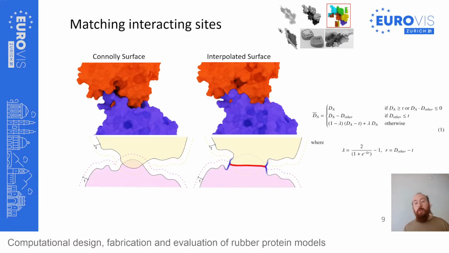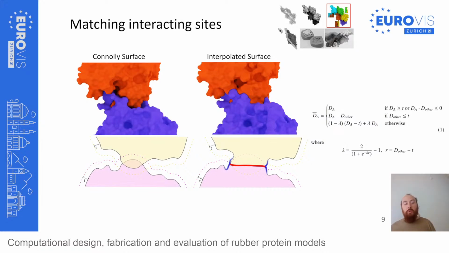So let's call dA the distance field of the subunit surface that we are processing right now, and dB the distance field of all the other subunits in the assembly. What we are looking for is a signed distance field dA whose zero isosurface smoothly converges to a medial surface between interacting subunits in areas where the two surfaces are closer than a threshold T, that is, in areas near interaction sites.